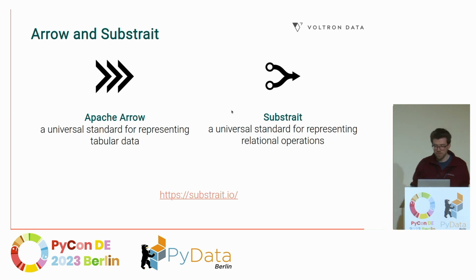SQL has many advantages, being known by many people and very widely supported. But Substrait is another project that tries to be a universal standard for representing relational operations. The idea is that Arrow is the standard for the data that you retrieve, while Substrait is the standard to specify which data you want.